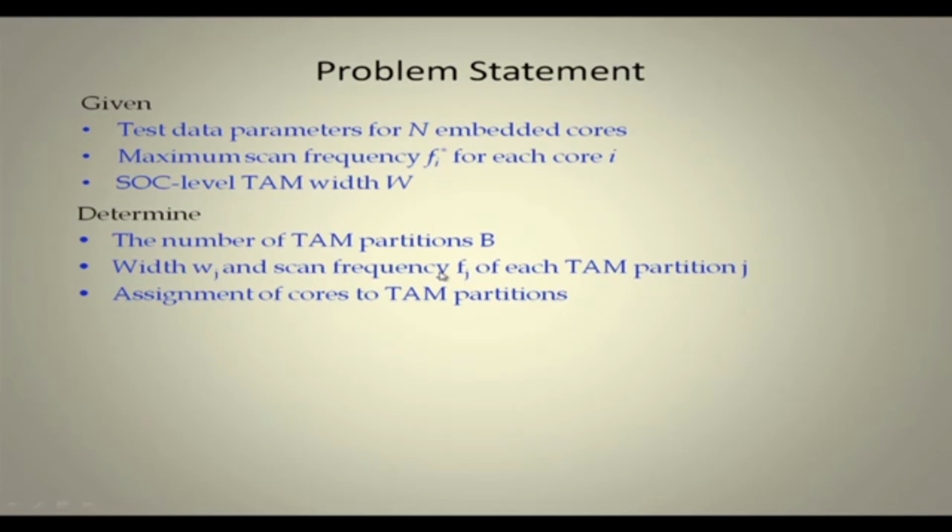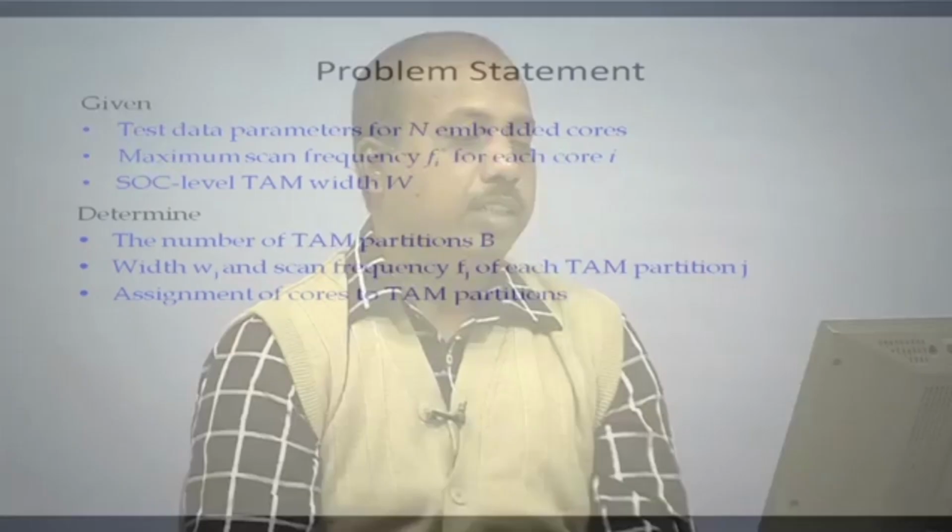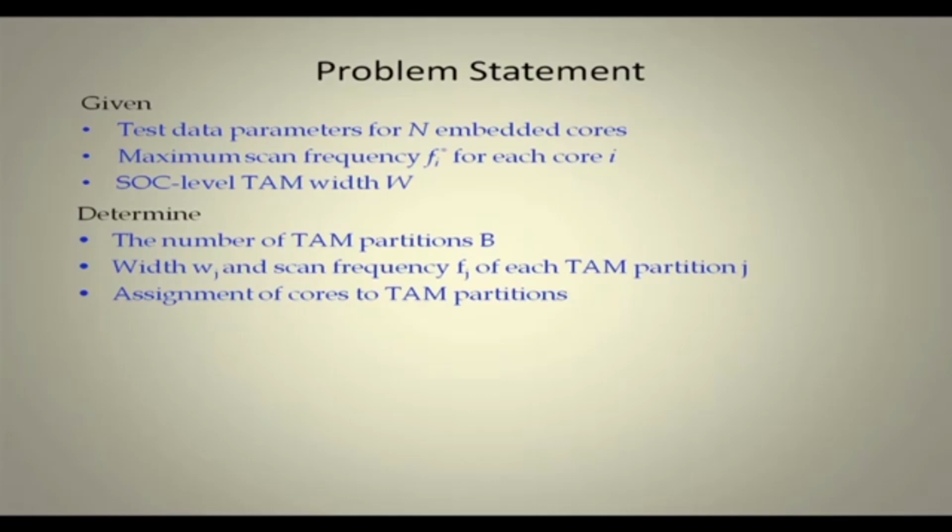This is useful if the ATE has the feature that we can tell it, okay, this number of lines we want to put on this frequency. So, the ATE has a restriction like how many out of the total W number of channels only V number of them can be put on, say, high frequency, but which V, if we have a choice.